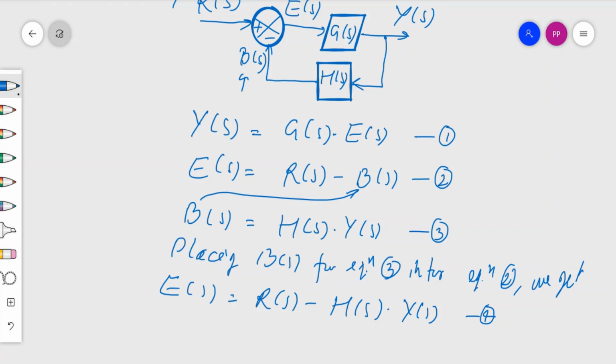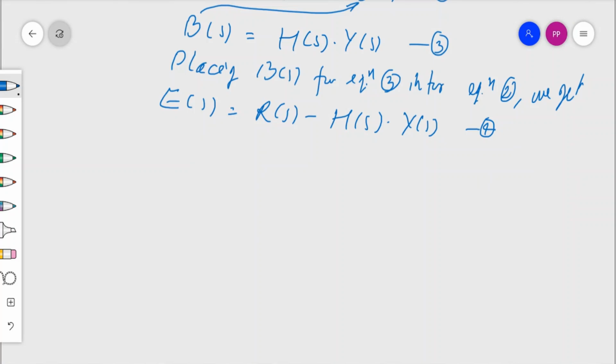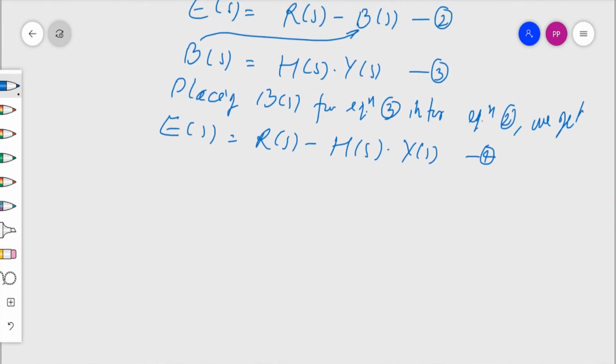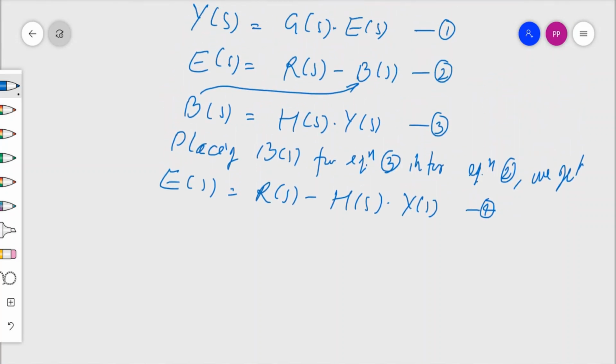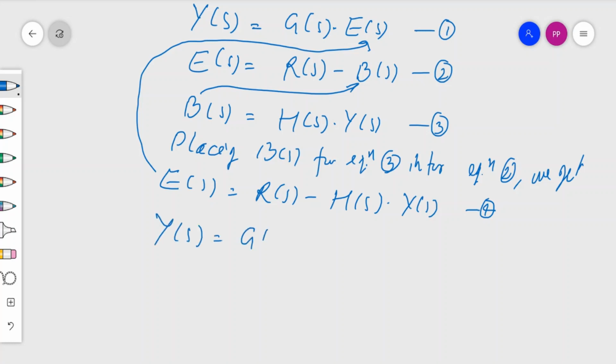Then this E(s) has to be placed from here to here. So therefore Y(s) = G(s)[R(s) - H(s)Y(s)].